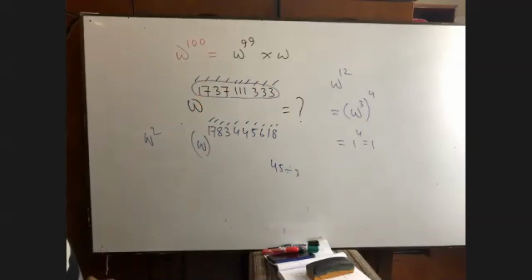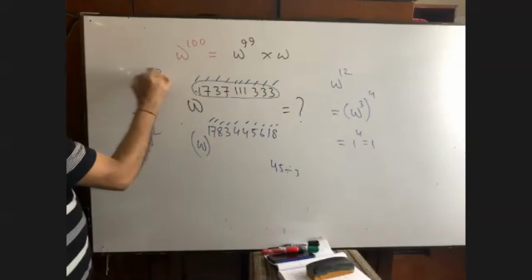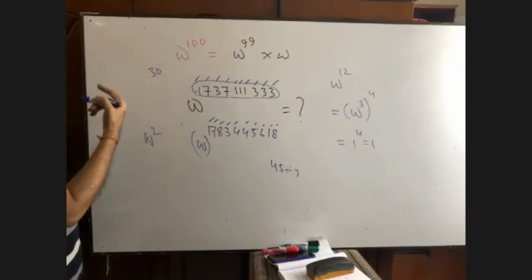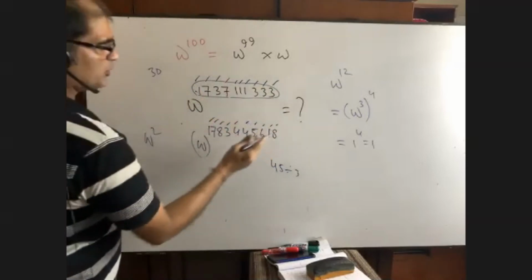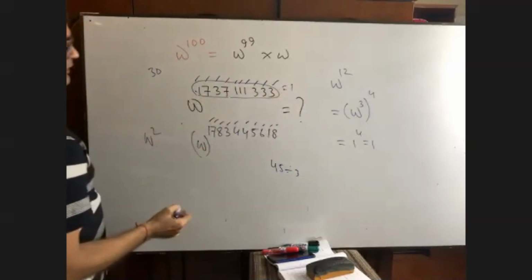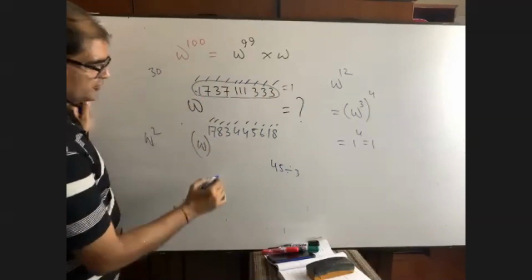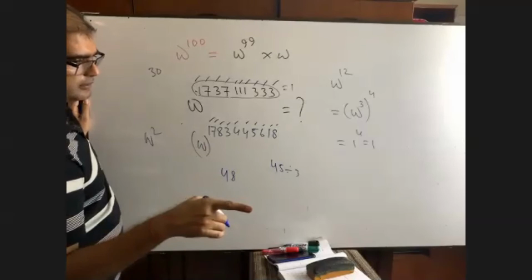What was the summation? Can you remember? 30. 30 is divisible by what? 3. For this the answer is 1. I wrote here, answer is 1. Anyway, suppose if its summation was 48, it is divisible by 3, so the answer would be 1.